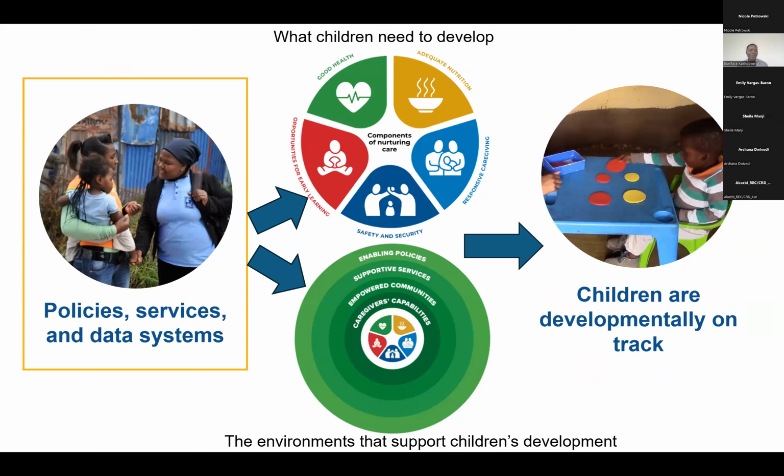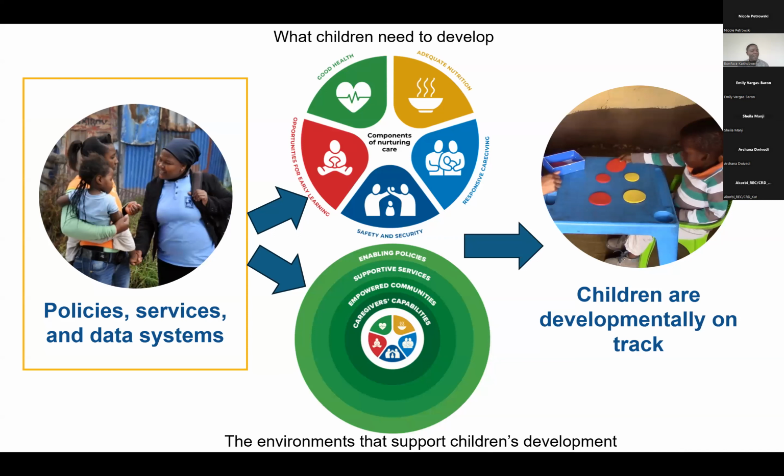Then when you move, you see the familiar graphic of the components of nurturing care, where you see good health, adequate nutrition, responsive caregiving, safety and security, and opportunities for early learning. So these are the 5 components of nurturing care. At the same time, as children require those 5 components, we also need environments that support children's development.